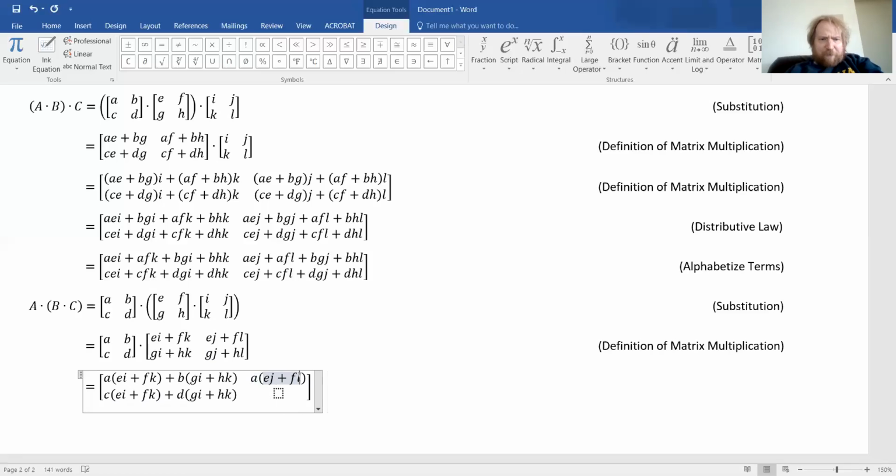Now in the second column, I get A times the quantity EJ plus FL plus B times the quantity GJ plus HL.